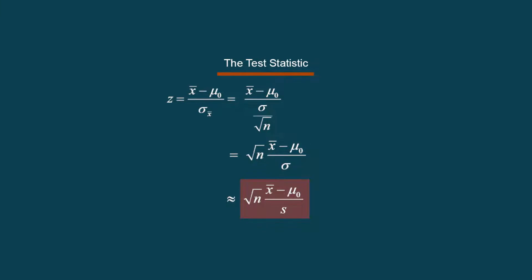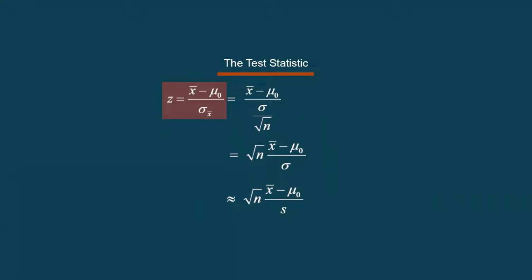So this goes back to the expression of z, which is equivalent to root n, where n is the number of observations, times x bar minus mu 0 in the numerator, which says that the sample mean must be close to the population mean having a specified value mu 0, divided by s, where s is the sample standard deviation because the population standard deviation is unknown. Thereby we set up this test statistic.